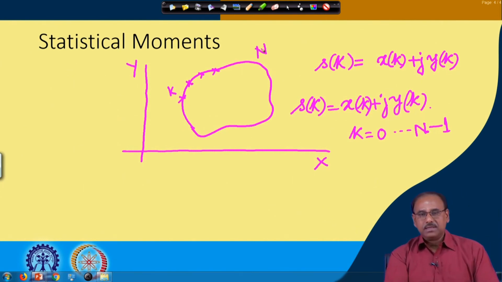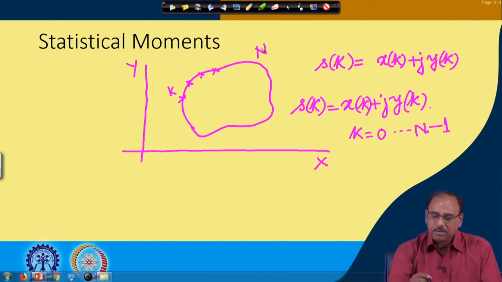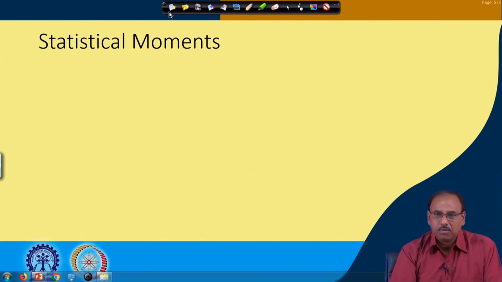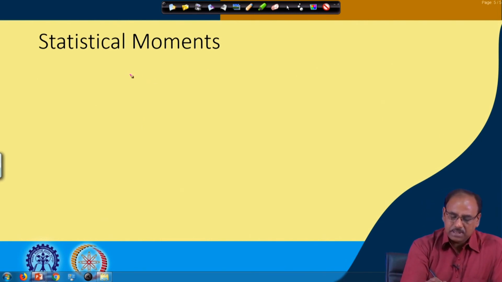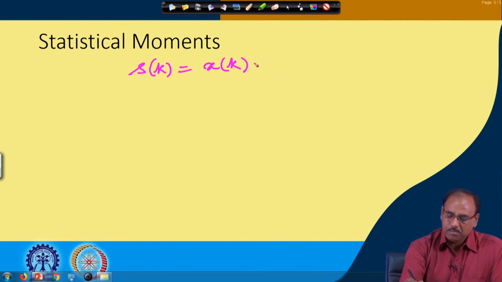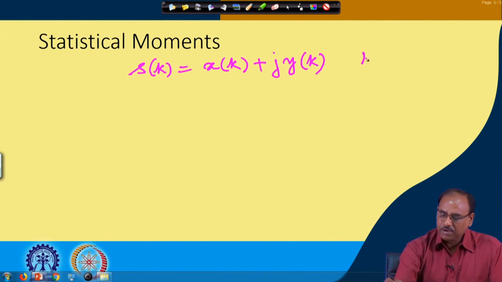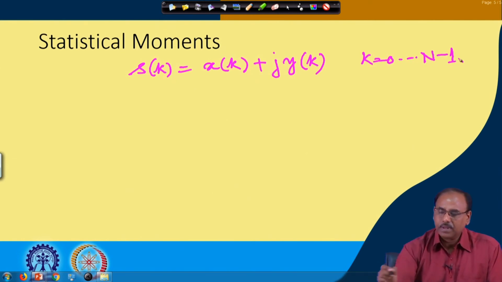So, once I have this, this sequence of numbers can be represented by their Fourier coefficients. So, for that I have to take the Fourier transformation of this sequence of numbers. So, I had a sequence of numbers S k given by x k plus j times y k, k varying from 0 to capital N minus 1.